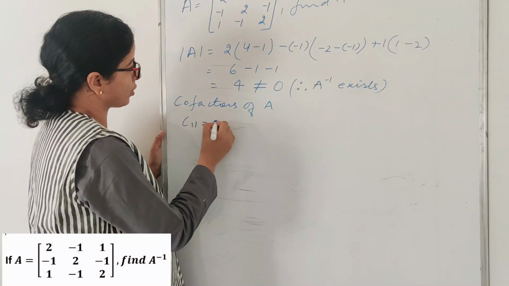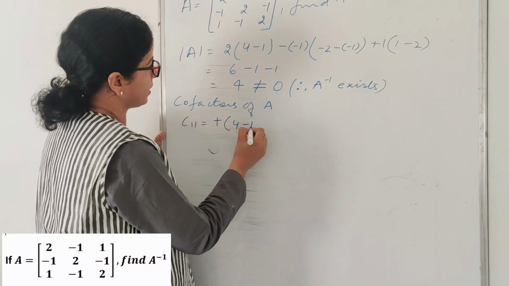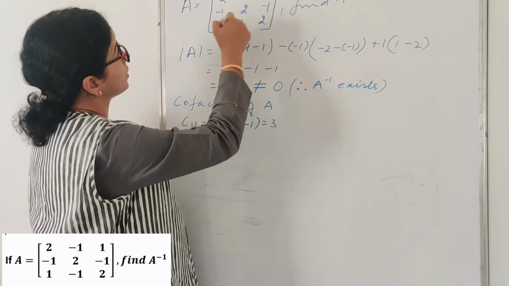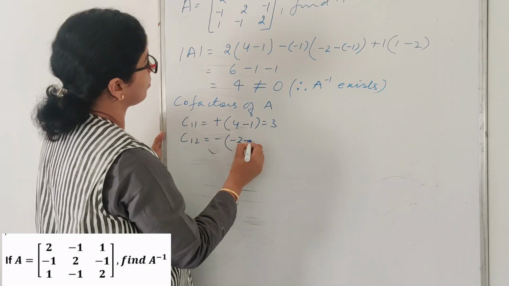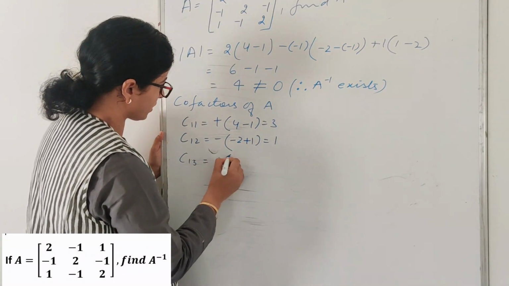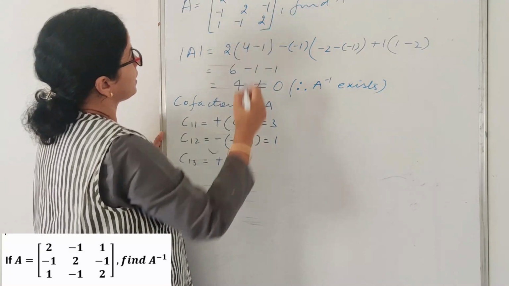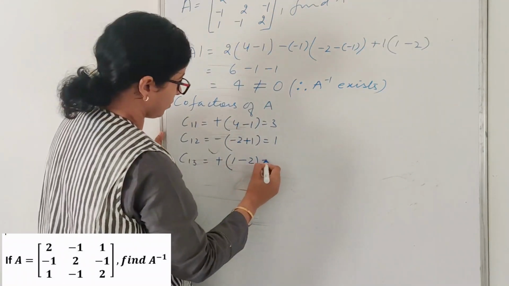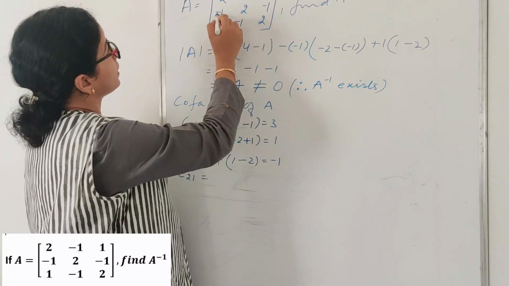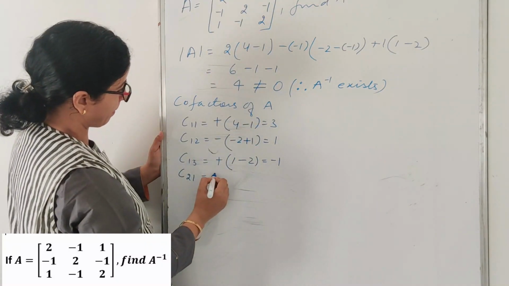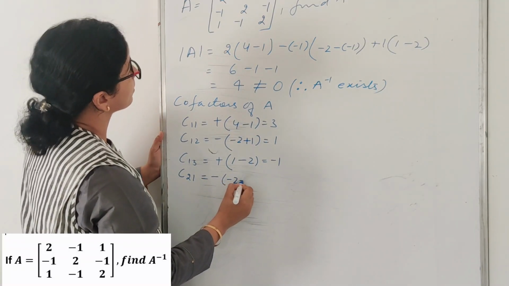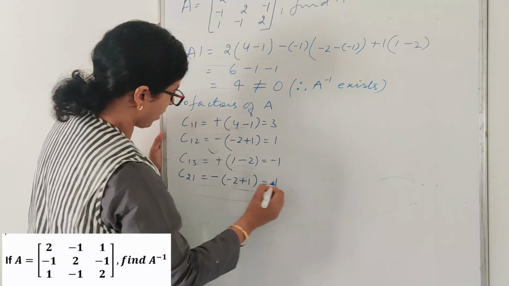Okay. Now we have to find the cofactors. C11, we will start with the positive sign. So 4 minus 1, 3. C12, minus of, so minus 2 plus 1, which is equal to 1. C13 equals positive sign. So what you are getting here, 1 minus 2 means minus 1. C21, you are getting, leave the corresponding row and column, minus of minus 2 plus 1 means 1.